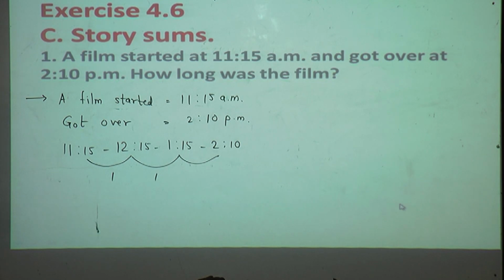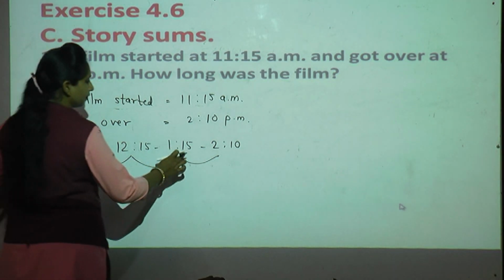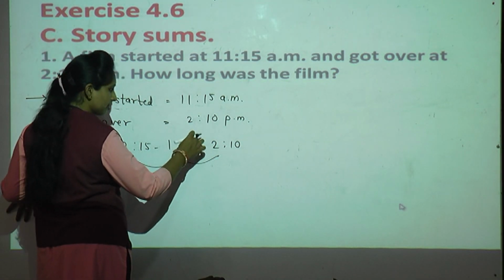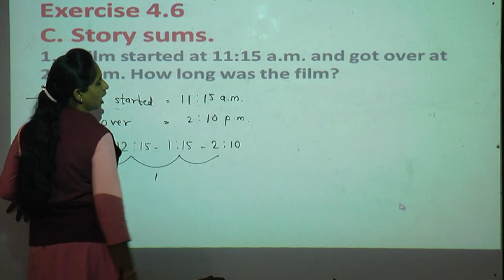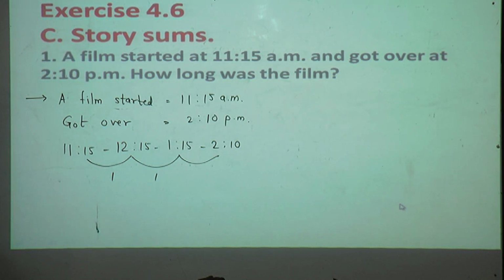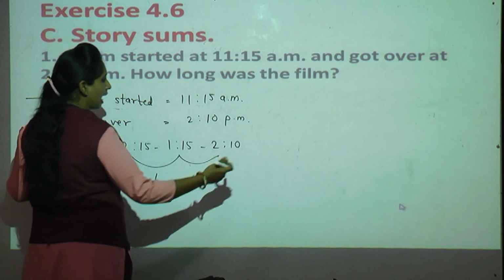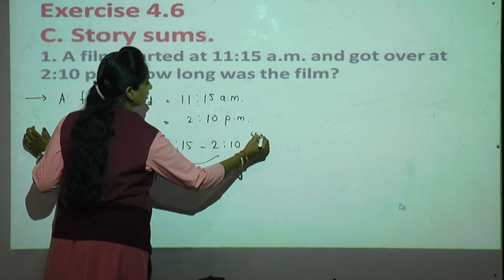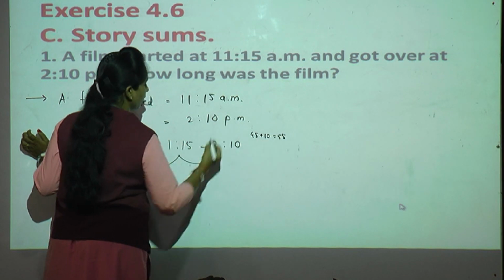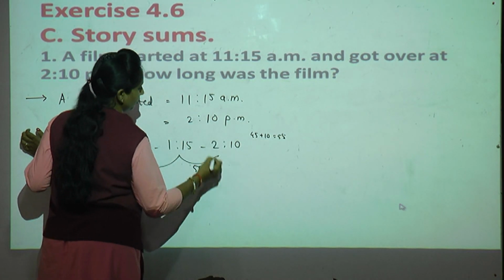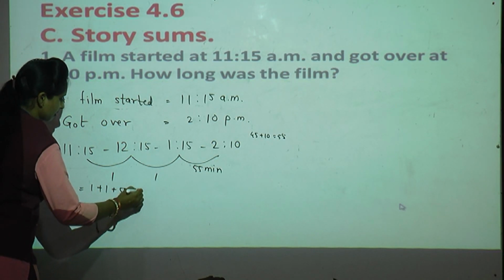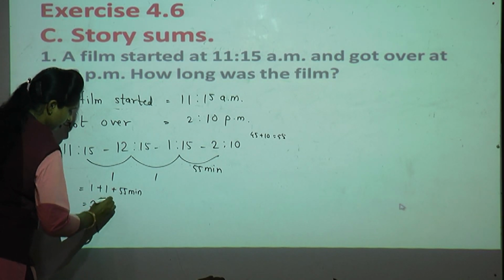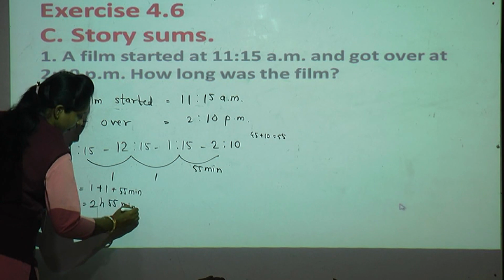Yes, tell me. 1:15 to 1:30 is 15 minutes, then 1:30 to 2 o'clock, yes, 45 minutes, then after that 10 minutes. If we add 45 plus 10, 55. So here how many minutes are there? 55 minutes. So when we add together 1 plus 1 plus 55 minutes, it means 2 hours 55 minutes.